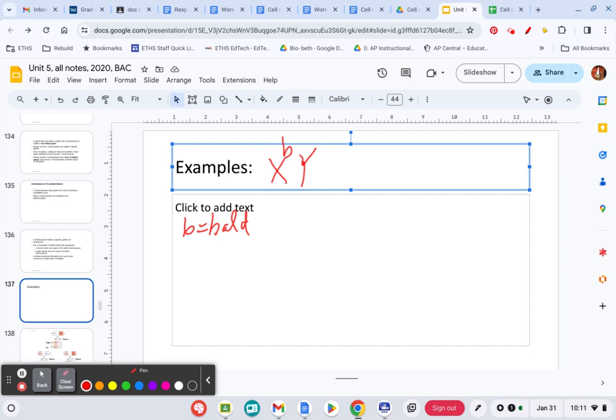So this guy, hair or no hair? No hair. He's bald. And he has kids.